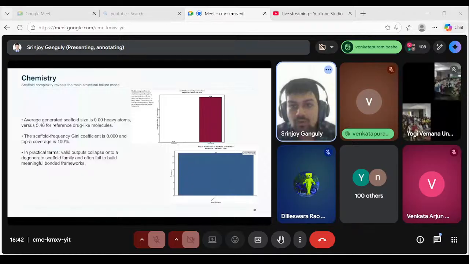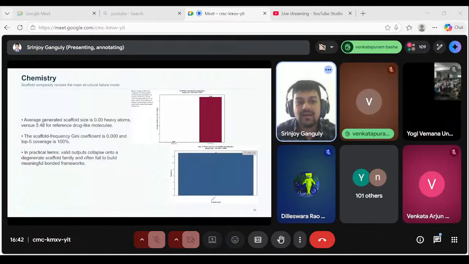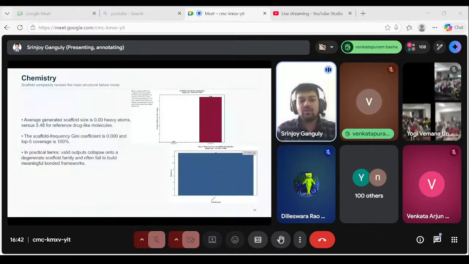So what we find is that the outputs collapse onto a degenerate scaffold family. There is the same-looking molecular structure, a degenerate, same-level molecular structure family, and therefore it's not able to build meaningful frameworks.